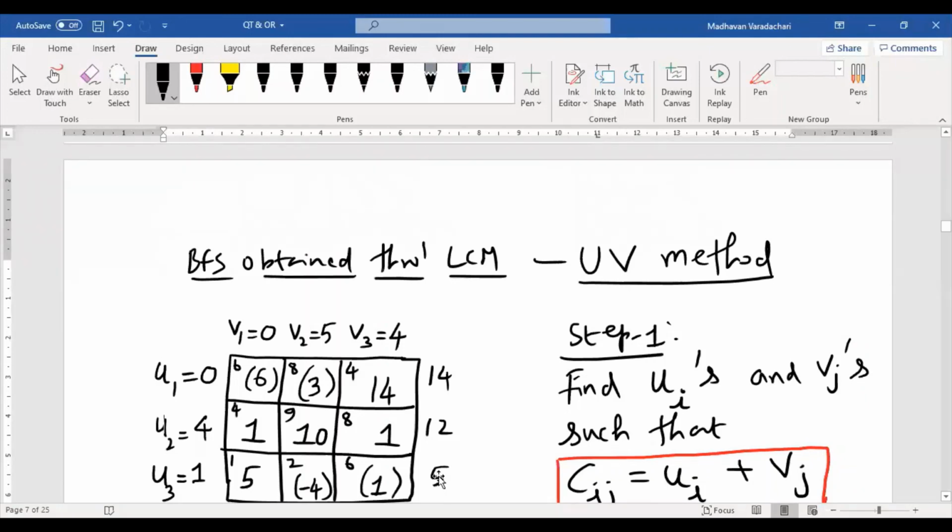That is why I was telling you, if no method is specified in the question paper, it is always better to choose the VAM method, the penalty cost method, so that you can quickly solve the problem. Otherwise, it will take more time, like it is taking now. We'll see that further in some exercises.